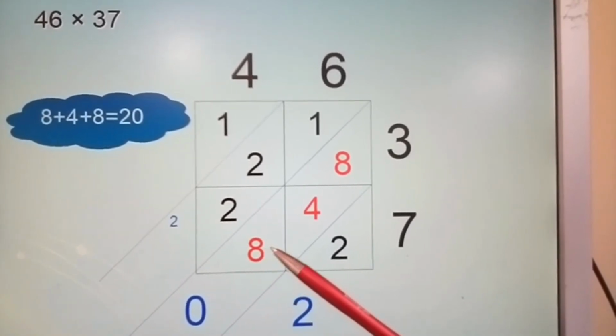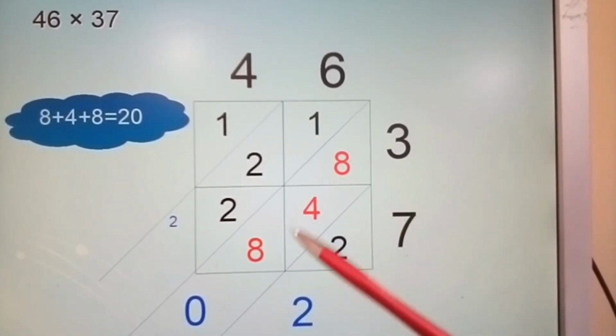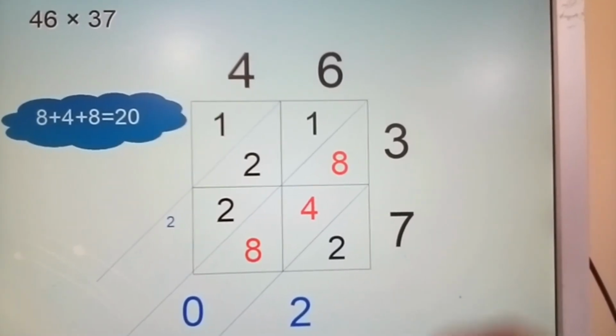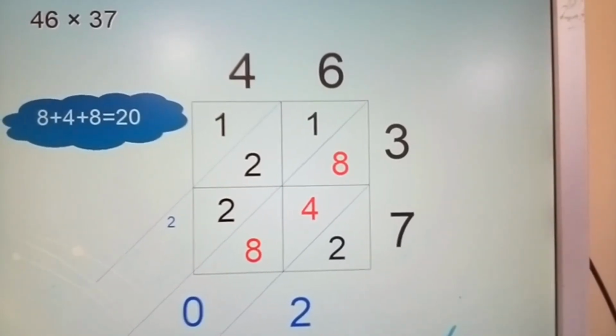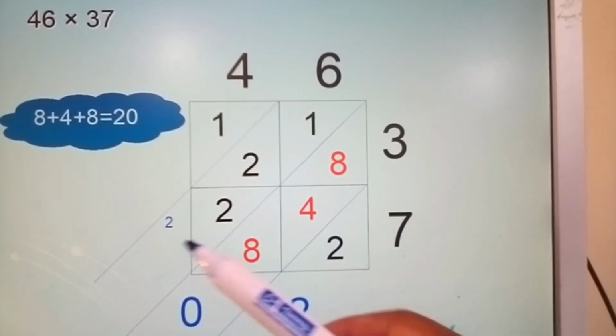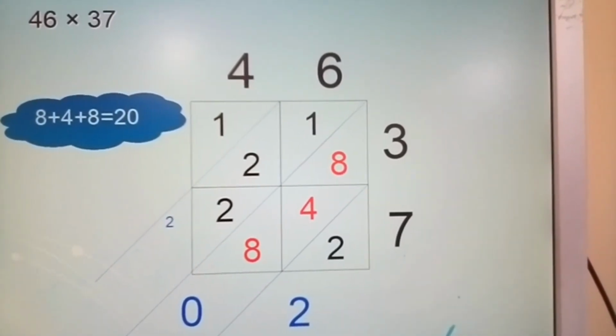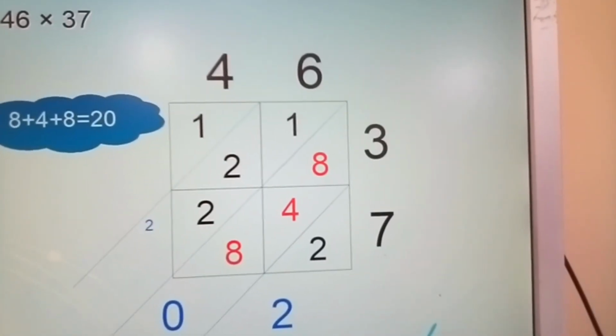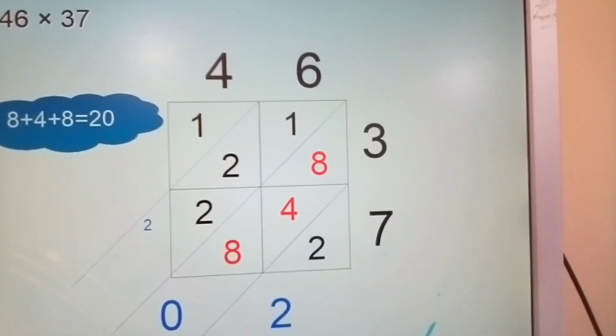If you take here, 8 add 8 is 16, and 4 is 20. So what we have here is 20, and we carry in the naught. So we close the naught off and we put the naught in. We're left with 2. This 2 that we have here is this 2 here. So we carry 2 forward.